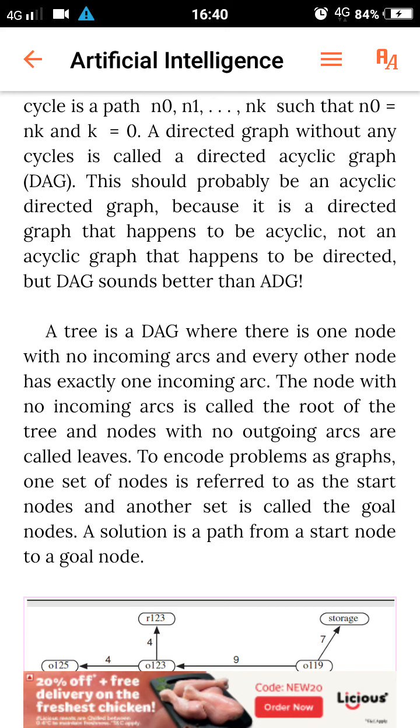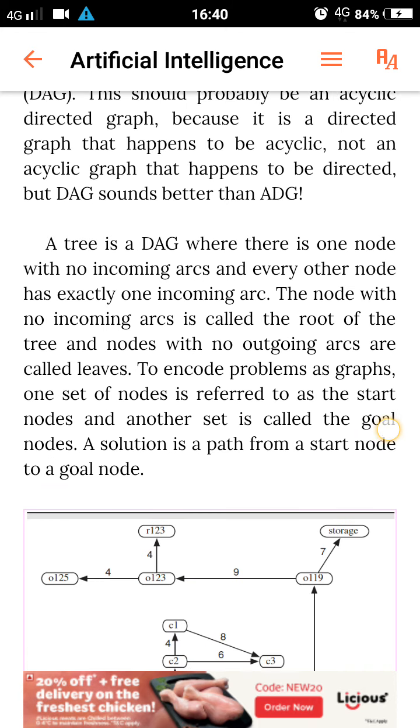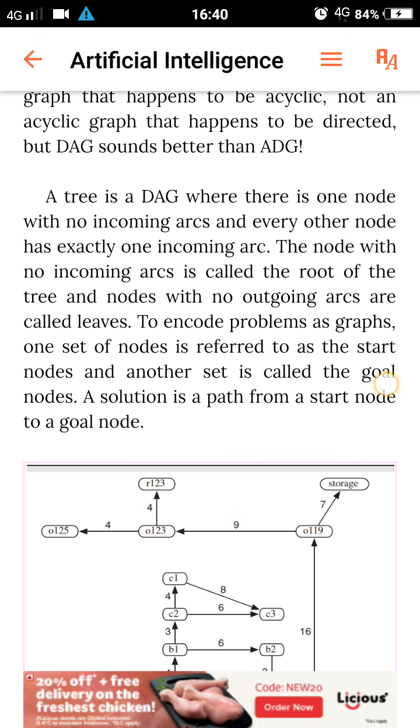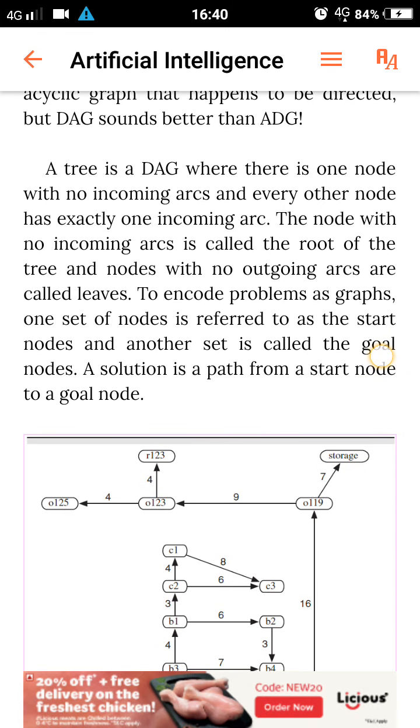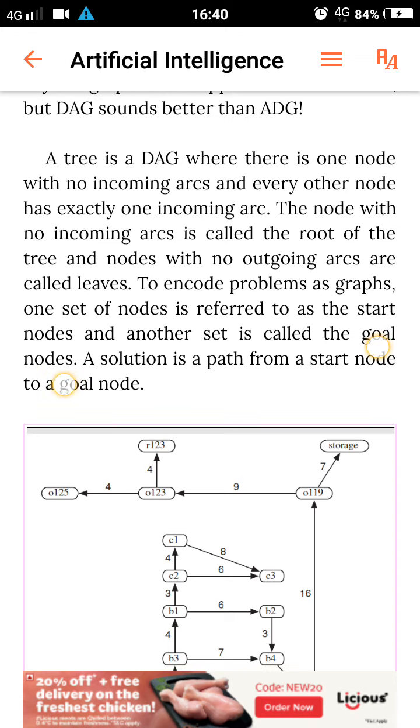This should probably be an acyclic directed graph because it is a directed graph that happens to be acyclic, not an acyclic graph that happens to be directed, but DAG sounds better than ADG.